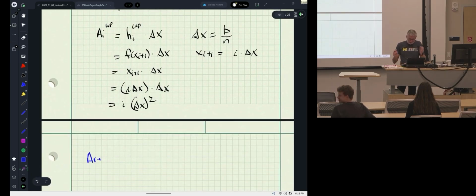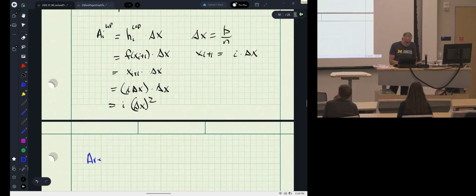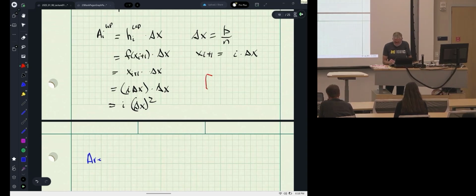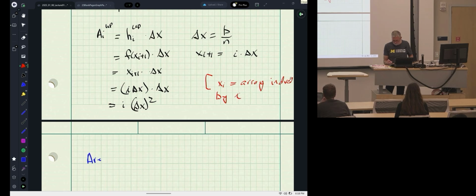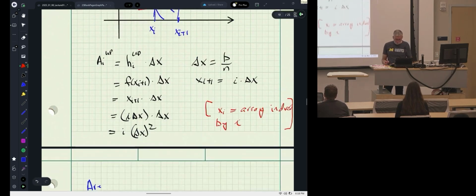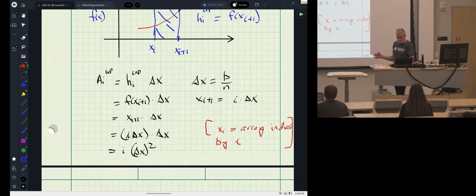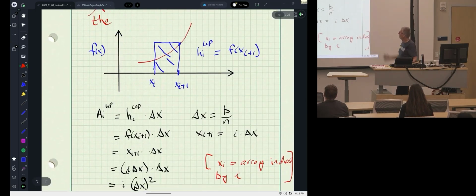So the index i is an index, and this is an array indexed by i. Okay, so all we're doing is just getting a formula for the area here.